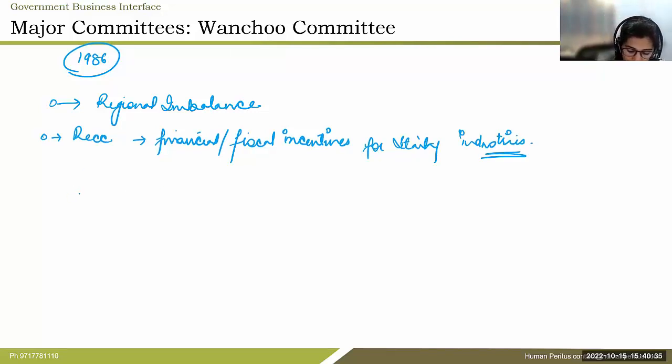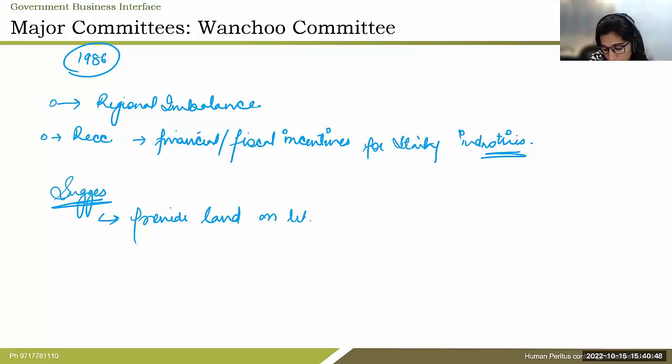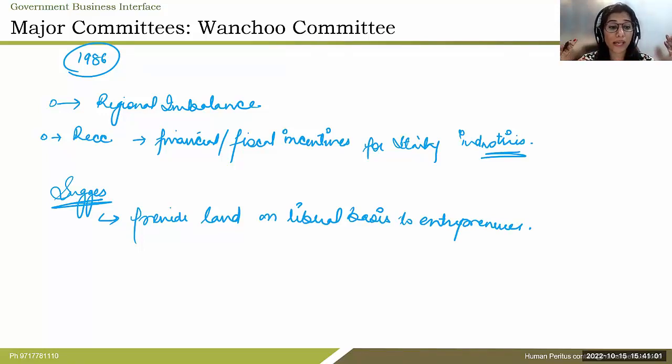So what was the basic recommendation, or what was the specific suggestion here? That the government must provide land on liberal basis. There must be provision of land on liberal basis to the entrepreneurs, so that if somebody wants to set up his or her own business, they can get the land very liberally.